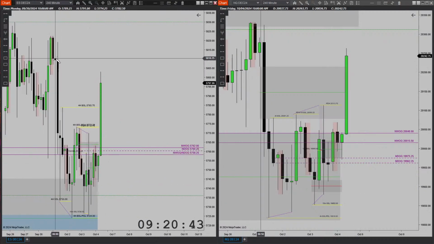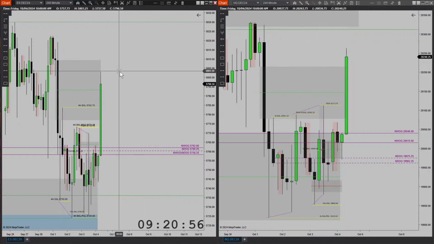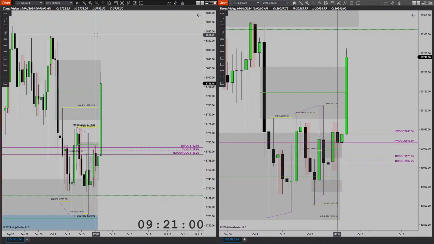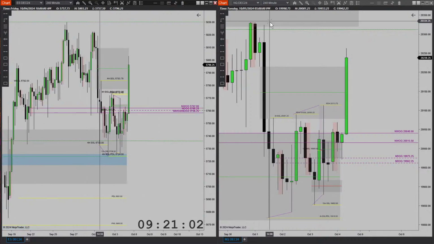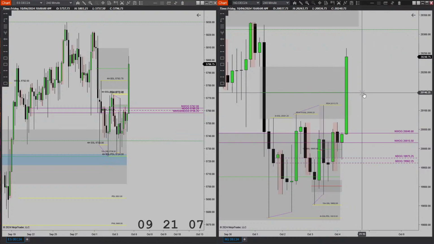I want to see how price closes above this imbalance here. The only way I'll decide to get short is if I see something happen up here with displacement. But as it stands right now, I'm not looking for any trades.